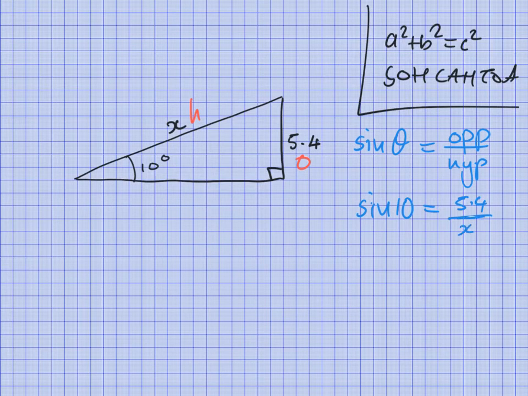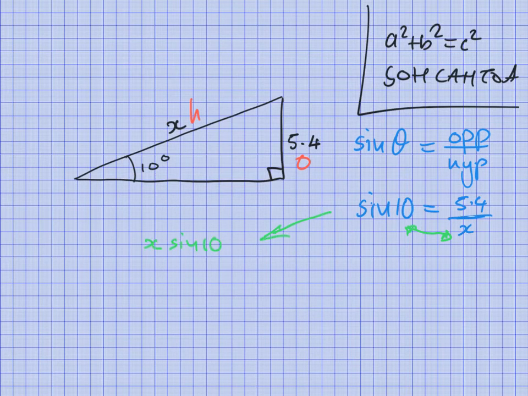Okay, I need to rearrange this. And in class, in lessons, I've tried to show you that the shortcut here is that we can swap those positions. If we have x on the bottom of the fraction, what we need to do, if we go out and do it all in longhand, is we firstly times both sides by x.